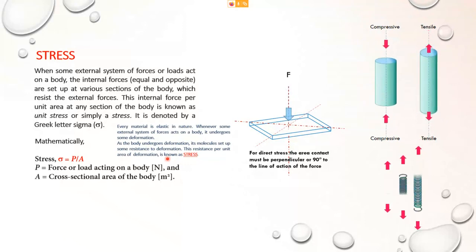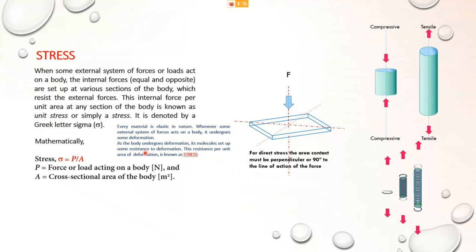When forces act on it, the force will cause the object to change in shape, length, diameter, width, and thickness. But the object wants to remain in its original form.